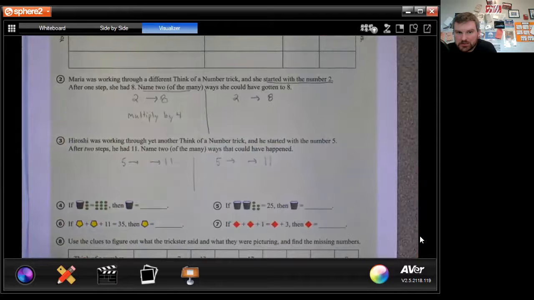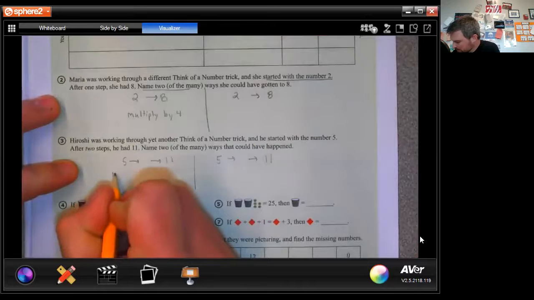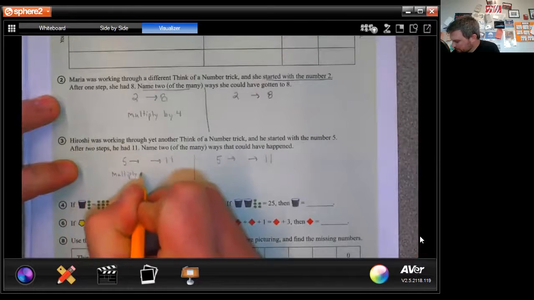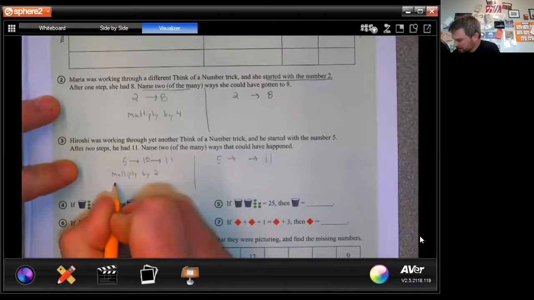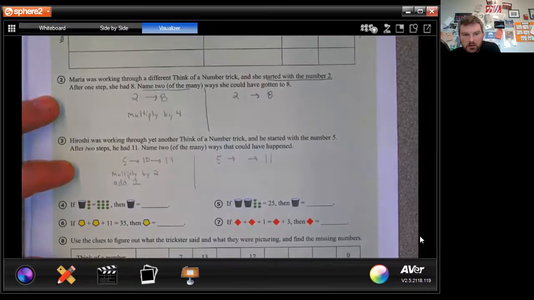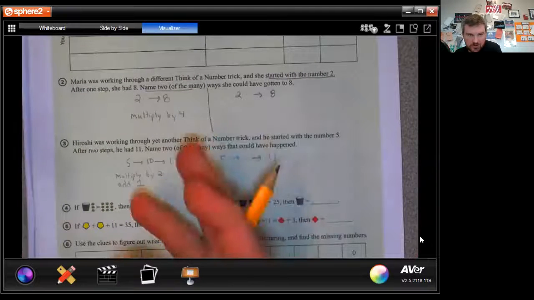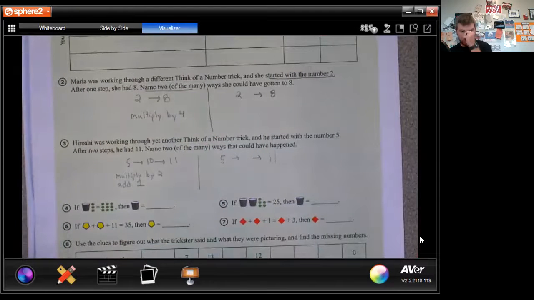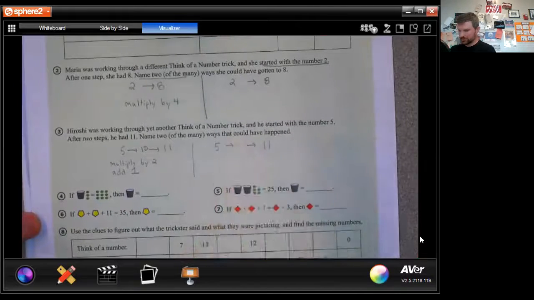The first thing I think of is we take this number and double it, so multiply by 2, I get 10, and then to go from 10 to 11, I just add 1. Now yours will be different, and it doesn't have to be multiply first. It could be add first and then divide, or multiply by a number and then subtract. It's just whatever your 2 steps are. So you've got that one to fill out.